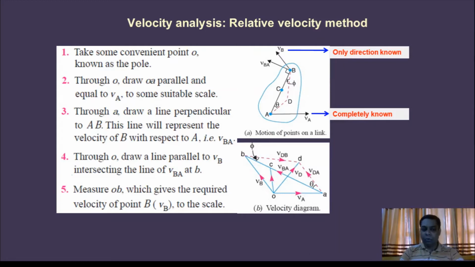Now through O, draw a line parallel to VB, intersecting the line of VBA at point P. Now measure OB, which gives the required velocity of point B, or VB, to the scale. Understood or not understood? If you have not understood, then please repeat this particular slide once again. It will be easier for you to understand.